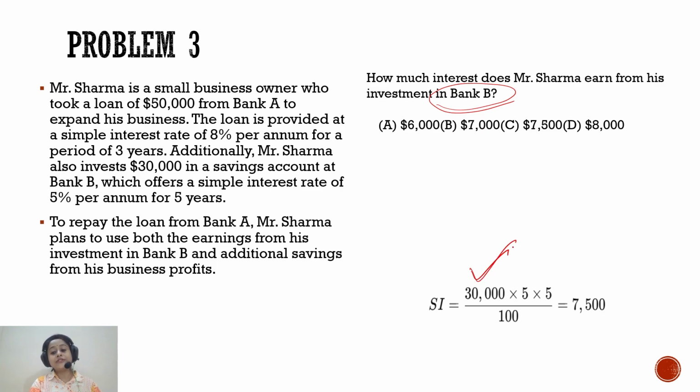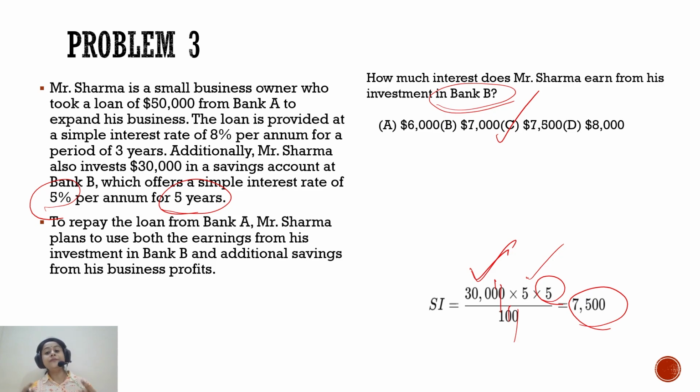So 30,000 is the principal amount, 5% is the rate of interest, and it is invested for 5 years. So for 5 years by 100, if you just cancel this out, it will give you 7,500. So our correct option will be option C. This is a very direct question, although it is based on textual information.